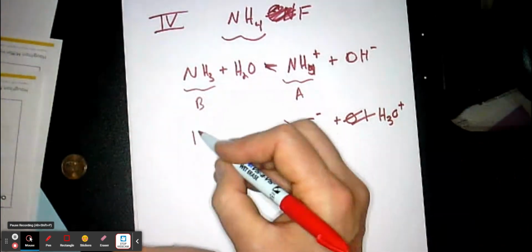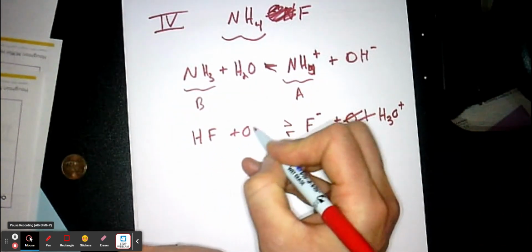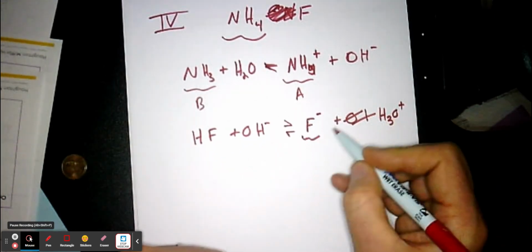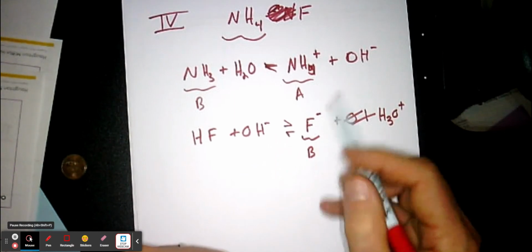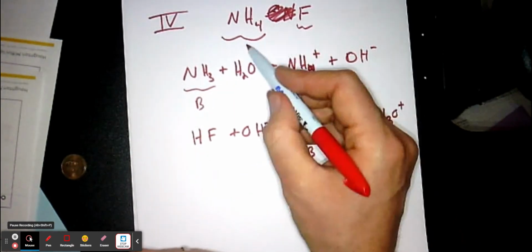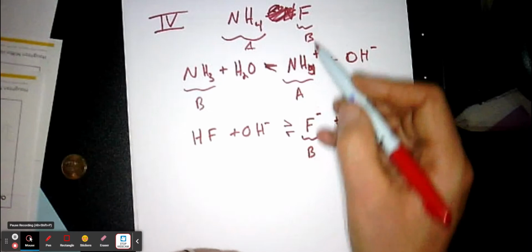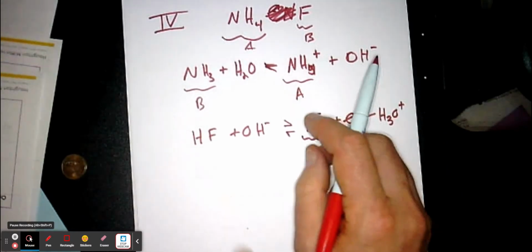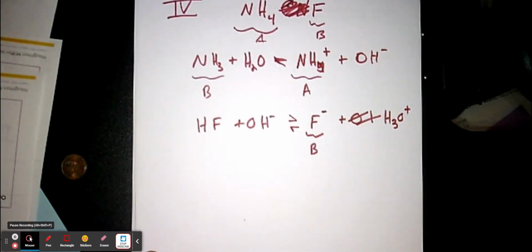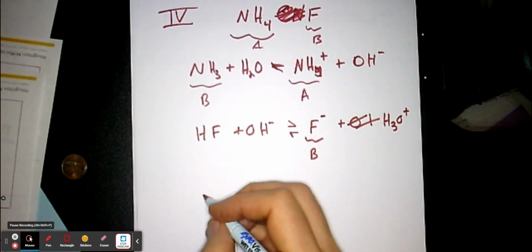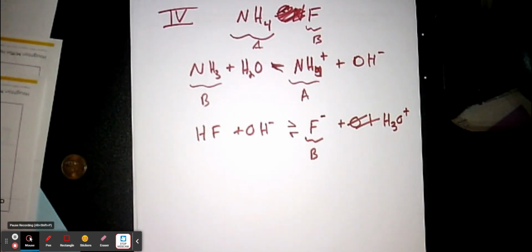So if it's accepting a proton, it's a base. Now, they're both present, so this is acidic and this is basic. How am I going to figure out which one's stronger? Which one's going to influence the overall solution? All right, I'd have to look up their Ka and their Kb values.